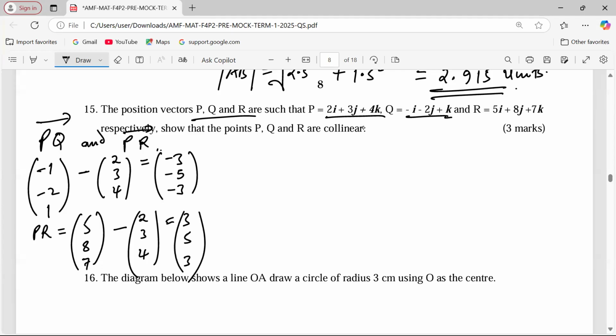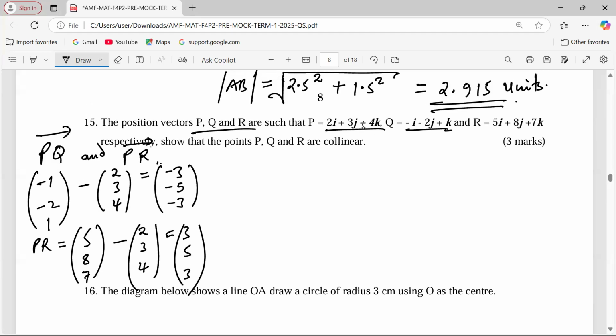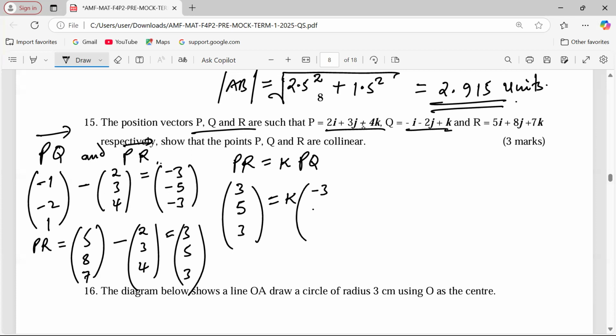Yeah, you see now the vector PR and vector PQ can be related. If we assume that PR equals a constant multiplied by PQ, then we would say 3, 5, 3 equals a constant times -3, -5, -3.